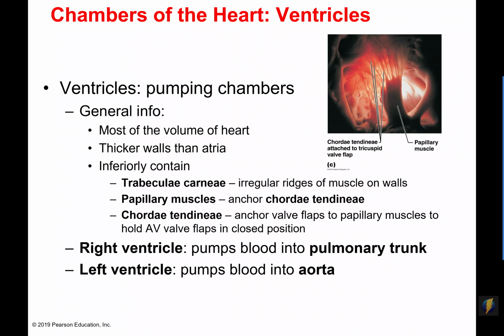They help anchor the flaps of the valves to these papillary muscles that will, when the papillary muscles contract, help hold the valves shut. So the right ventricle pumps the blood into the pulmonary trunk and then into the right and left pulmonary arteries, and the left ventricle pumps blood into the aorta in order for it to be distributed to the rest of the body.